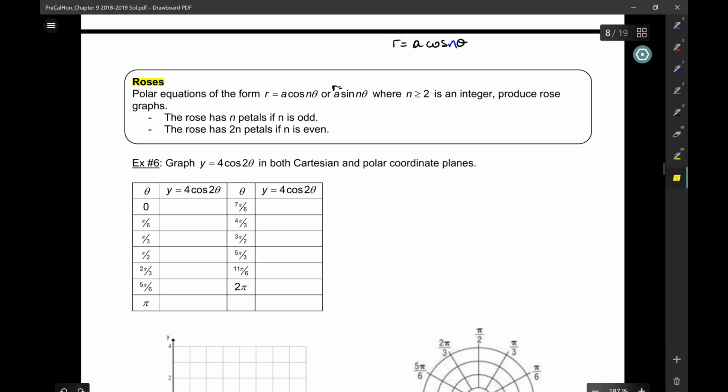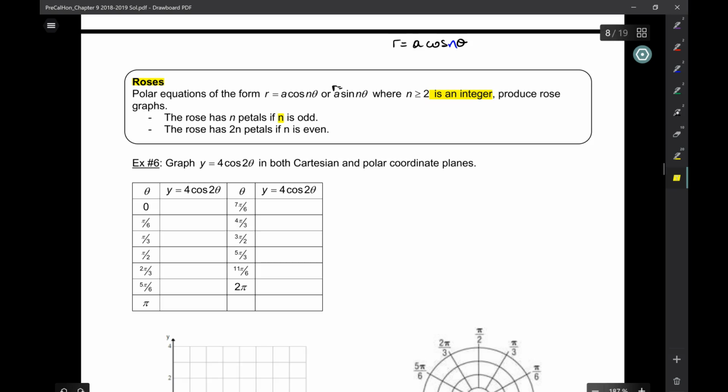Where n is greater than or equal to 2, because if n is equal to 1, then it's still cosine theta and it's a circle. So it has to be that n is 2 or above, and n is an integer. Okay, so you're not going to have cosine 1.5 theta. It's going to be 2 theta, 3 theta, 4 theta. They produce roses.